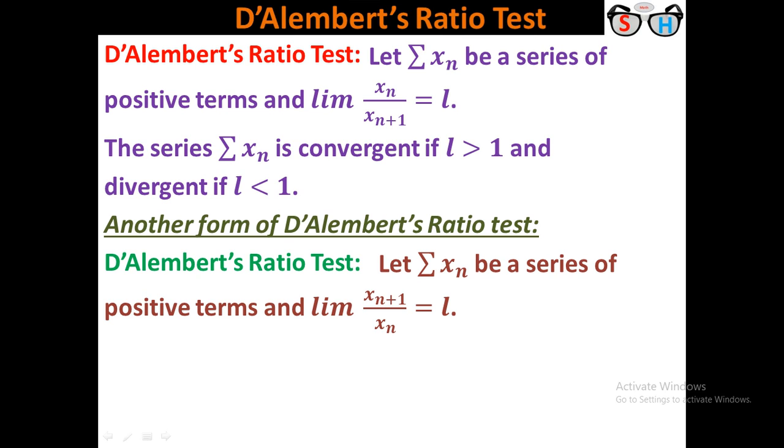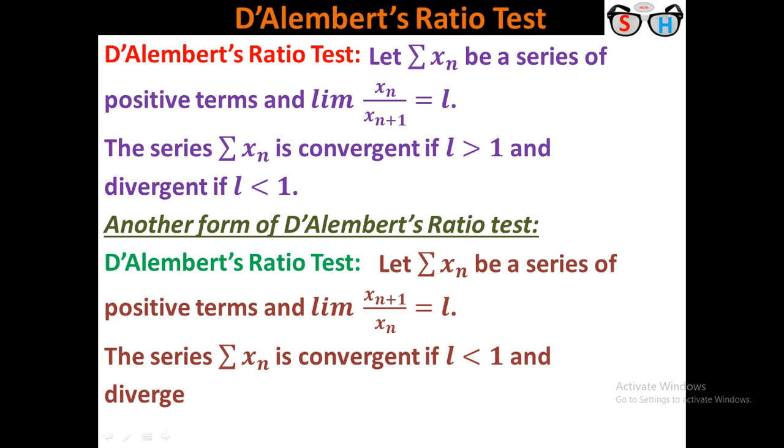Just I repeat that this is my concept, it may be wrong. If you see it is wrong, then please comment. The series xn is convergent if L is less than 1 and divergent if L is greater than 1. Okay, you can remember both forms of the test, or you can use the tricks which I said. Okay.